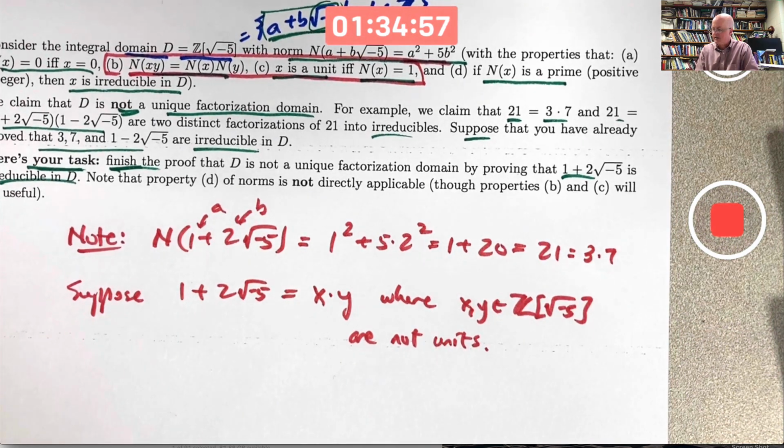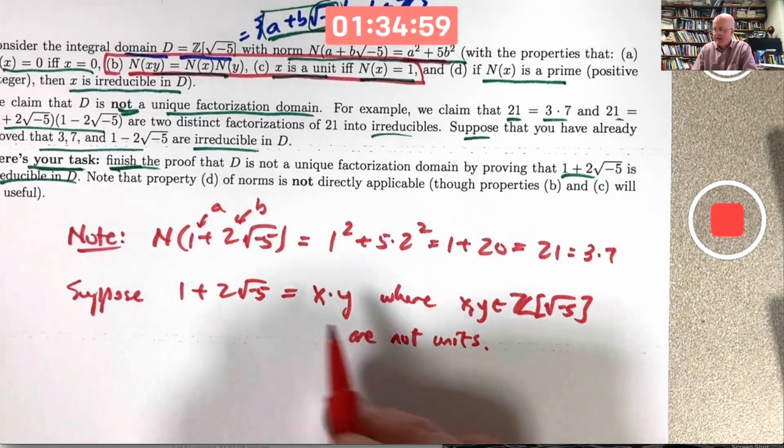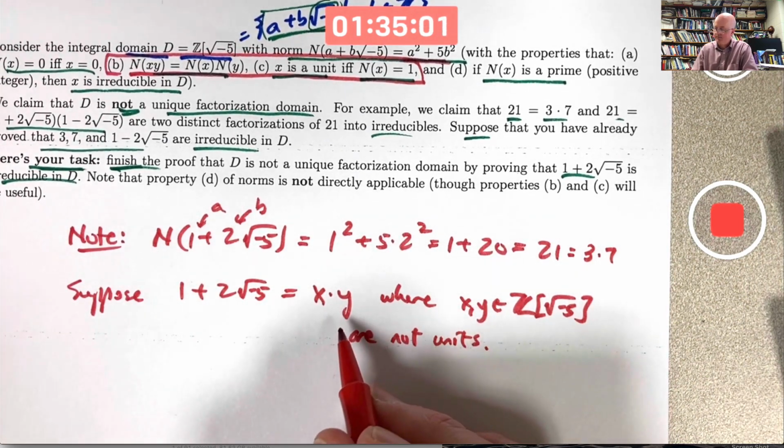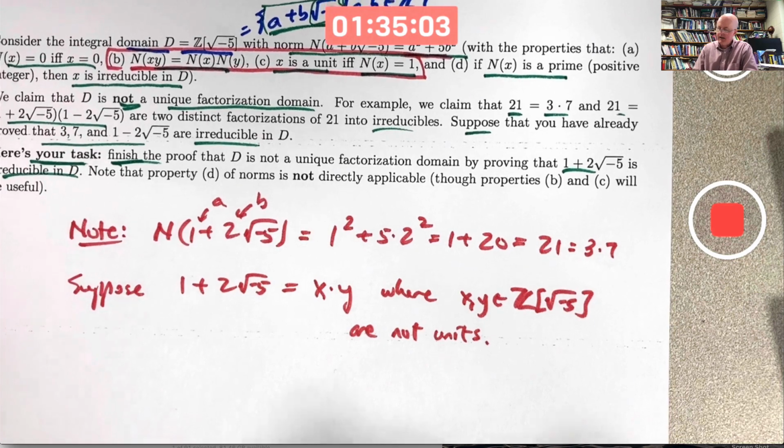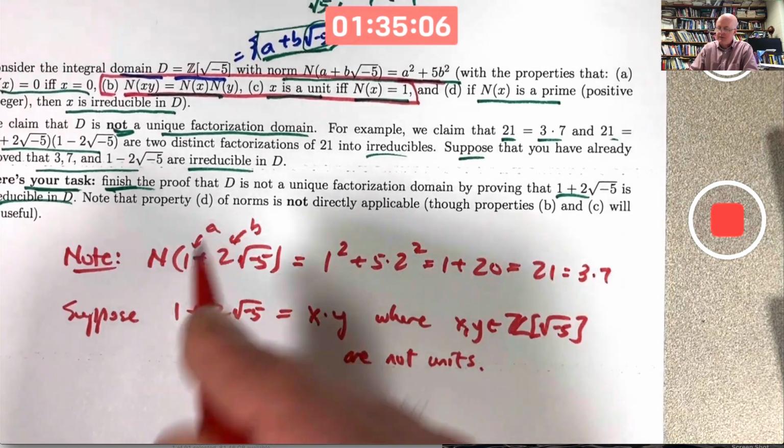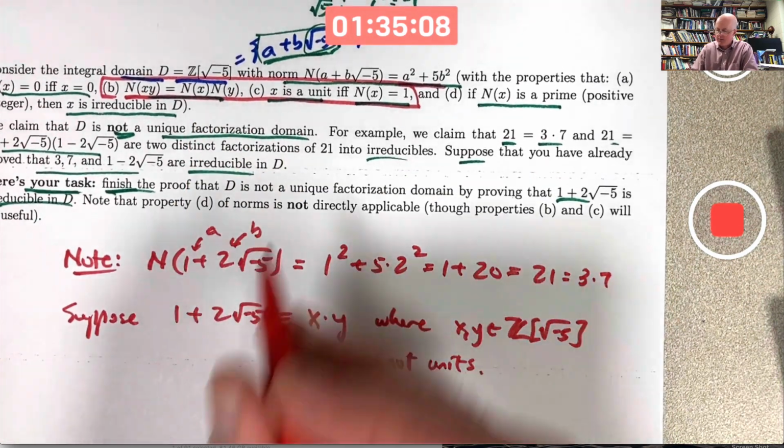Trying to get a contradiction out of this. I'm essentially assuming that this thing is reducible. How do you get a contradiction? We also need property B and property C again.